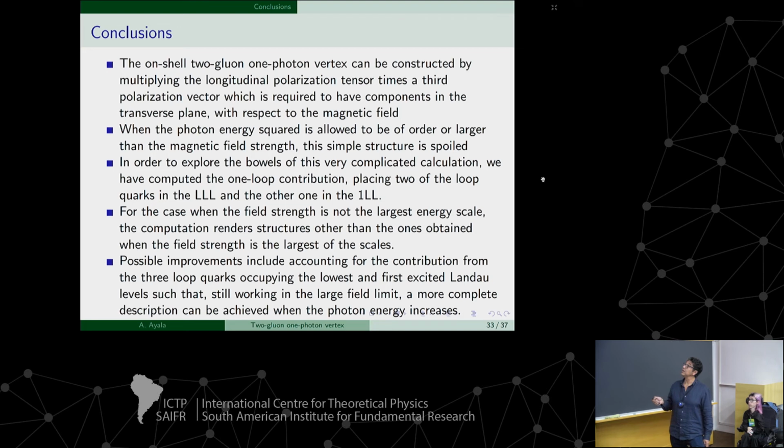And so if the energy of the photon is comparable or larger than the magnetic field intensity, then it seems that our approach is still incomplete. We need to put more tensor structures that allow for other polarization states. But nevertheless, the preliminary results show that at least some improvement can be achieved, and the characteristics of the spectrum that we are pursuing may be present here.